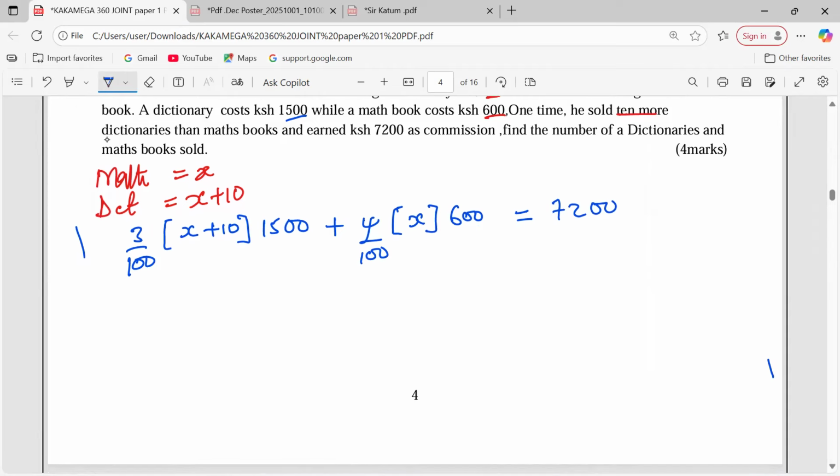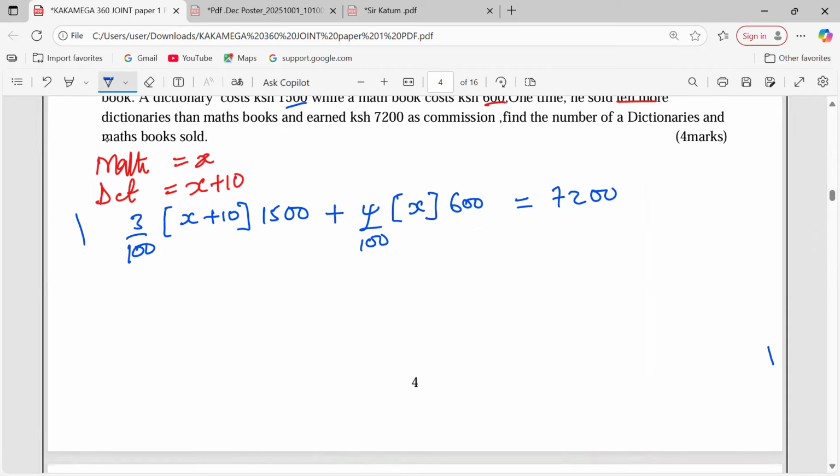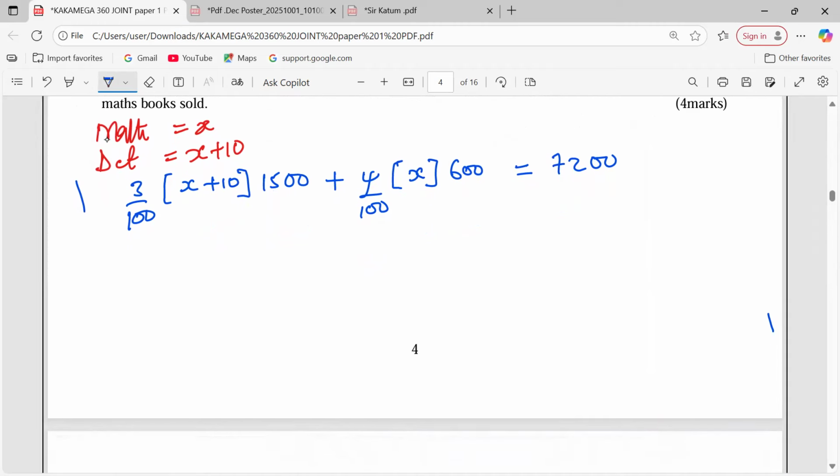Now, if they don't give us the right answer here, I think they will be having an issue like that. So I'm having 3x plus 30 into 15. This is 24x equals 7200.